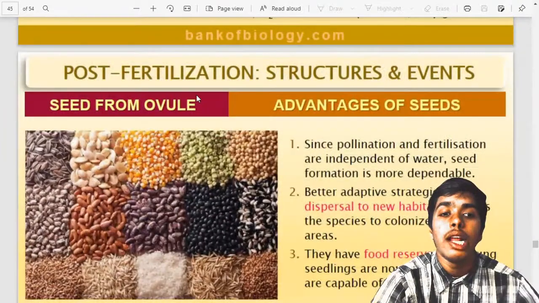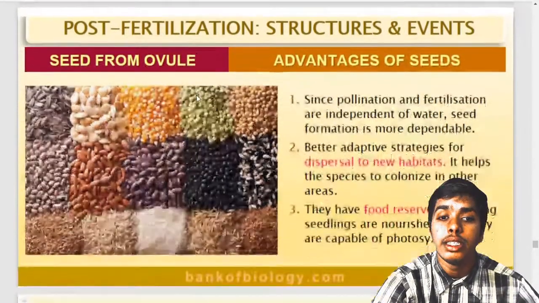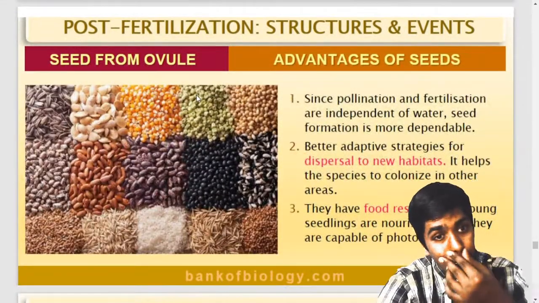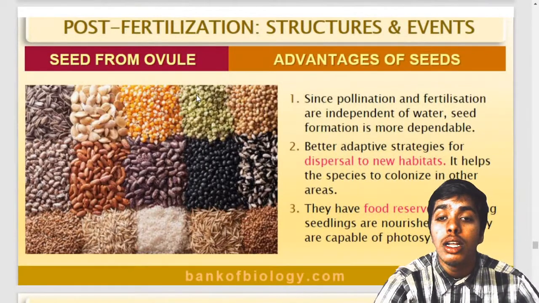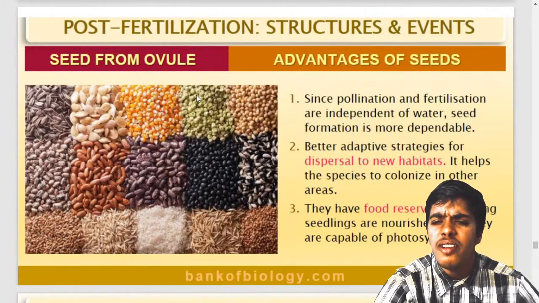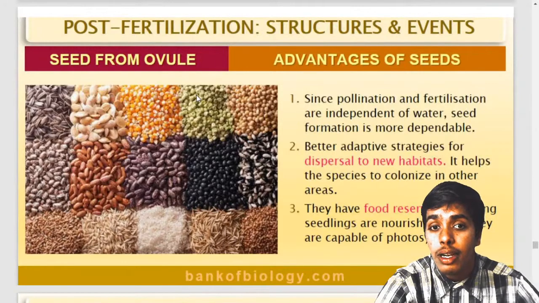Now we will see what the advantages are. Since pollination and fertilization are independent of water, seed formation is more dependable. That means pollination and fertilization do not require water, so seed formation is more dependable.